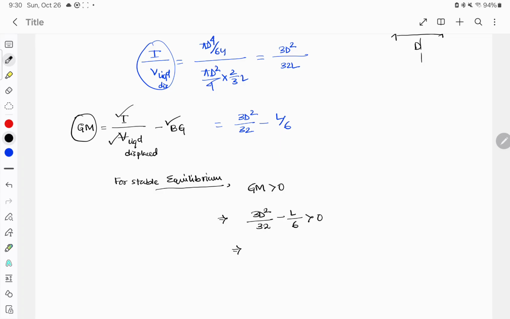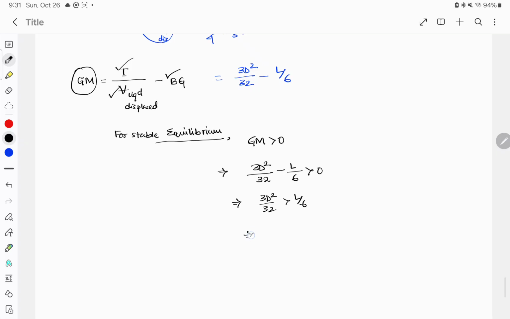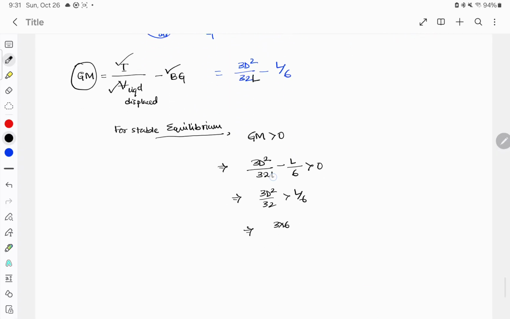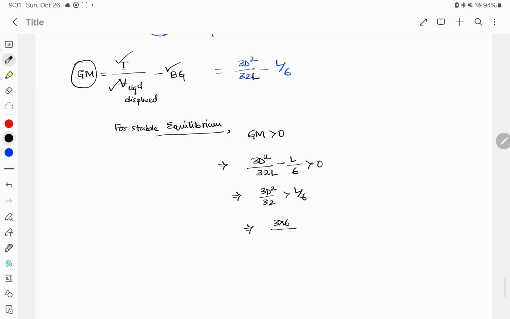Now we just have to solve this. 3 into 6 by 32 is greater than L square by d square. So L square by d square is less than 18 by 32.